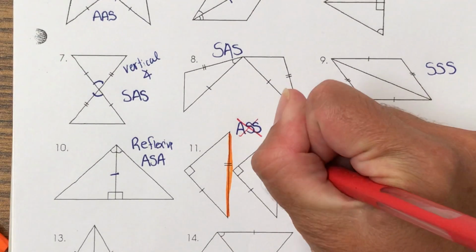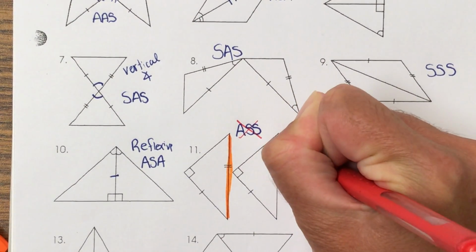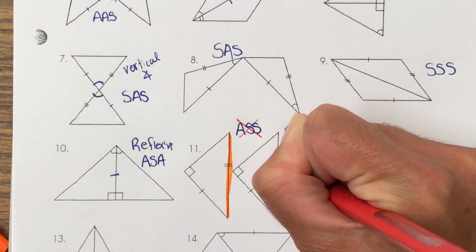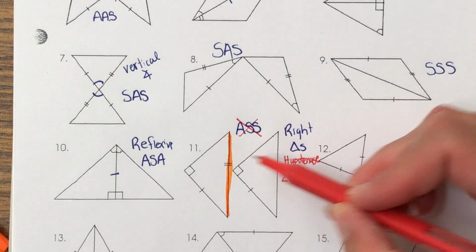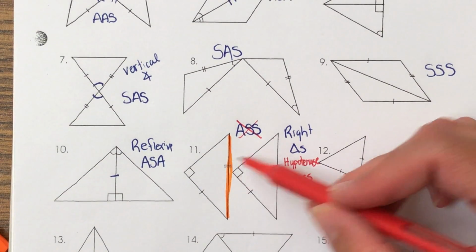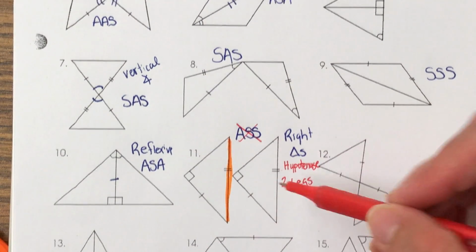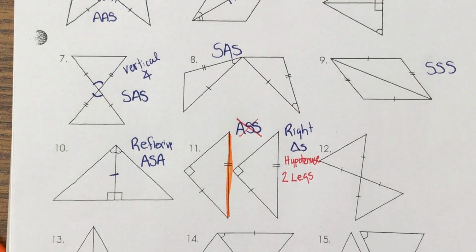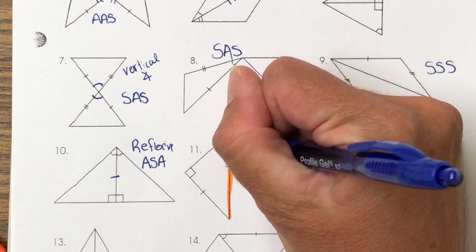So right triangles will have one hypotenuse and two legs. So in this picture, the hypotenuses are congruent to each other, and I have the corresponding legs that are congruent to each other. So we actually do have enough justification to say that these two triangles are congruent.